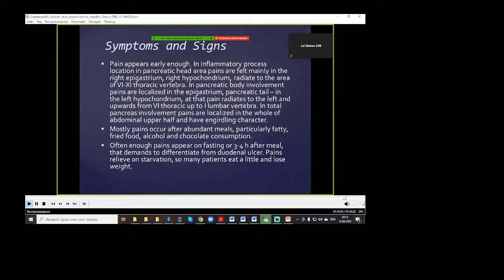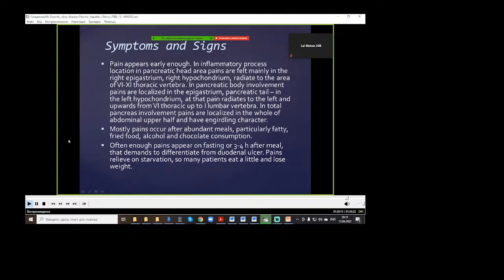In pancreatic tail involvement, pains are in the left hypochondrium, and the pain radiates to the left and upwards from the 6th thoracic up to the first lumbar vertebra. In total pancreas involvement, pains are localized in the whole upper half of the abdomen and have a girdling character. Mostly pains occur after abundant meals, particularly fatty, fried food, alcohol, and chocolate consumption.